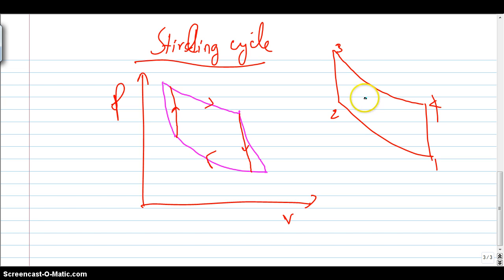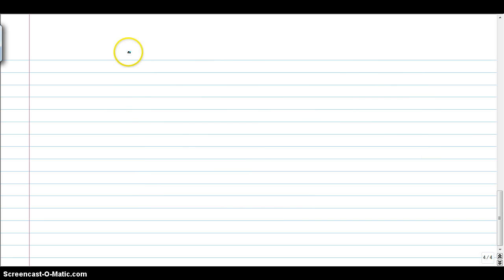So this would be the heat added to a regenerator, something like a heat exchanger, and heat taken out from the regenerator, at constant volume. And then you have the normal Otto cycle.